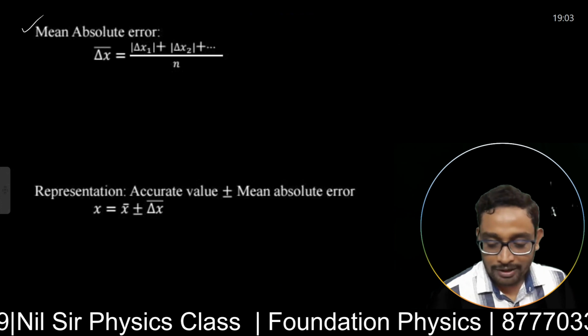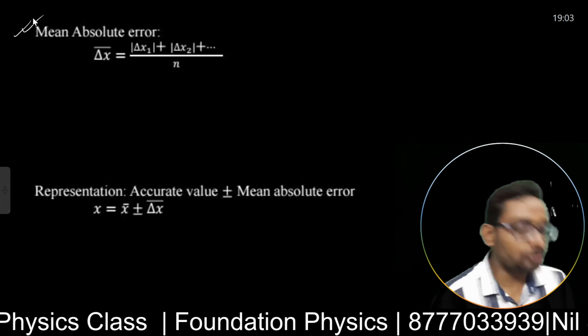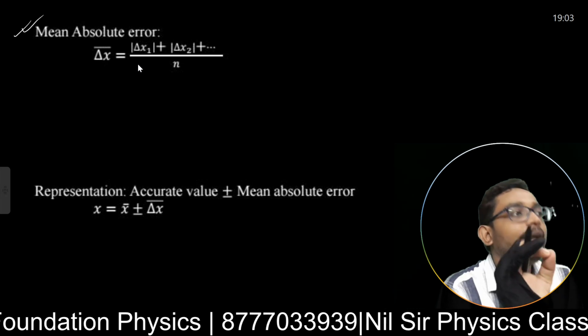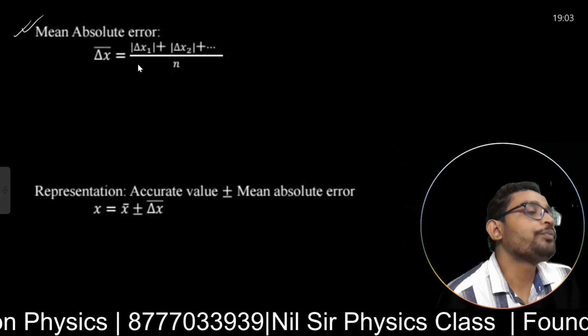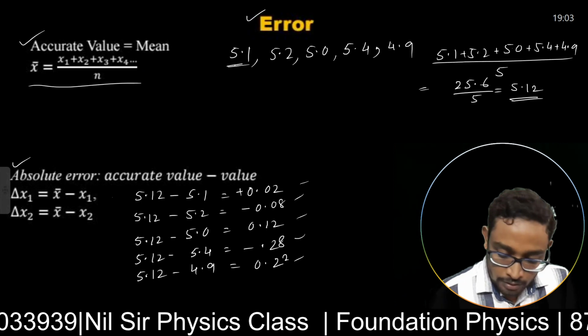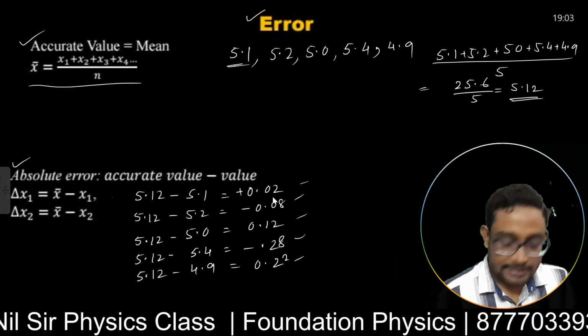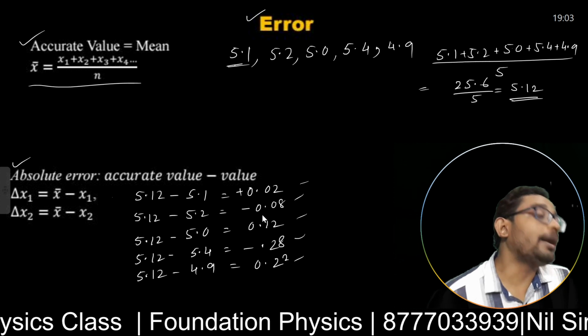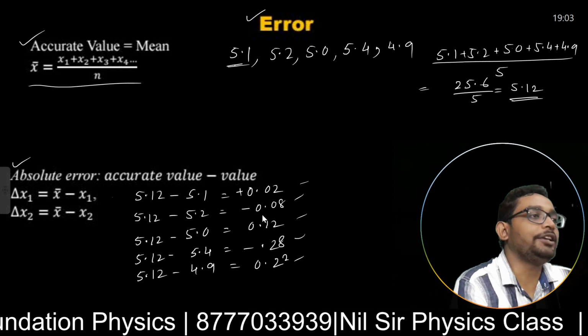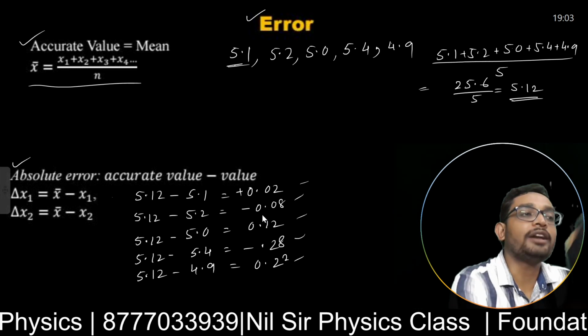So how can we deal with that? Mean absolute error will be the magnitude of error divided by the total number of times you measured. First time you got a positive error, second time a negative error, but whenever you take the error, you must take its magnitude. Magnitude means its value, not the negative sign.